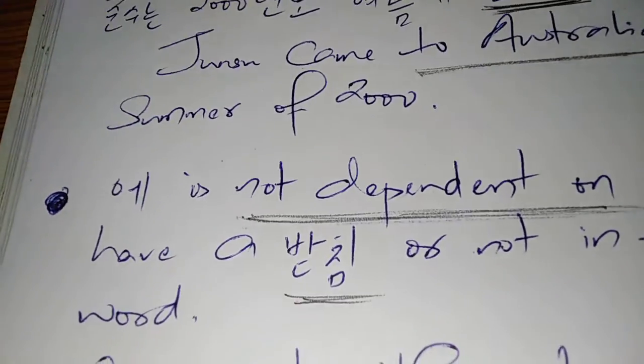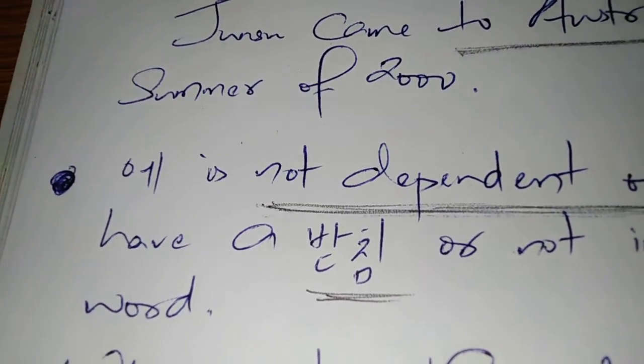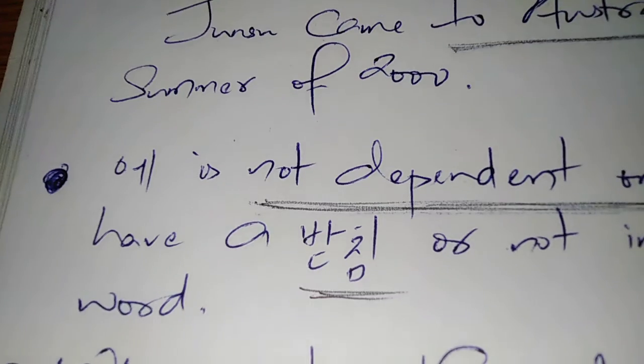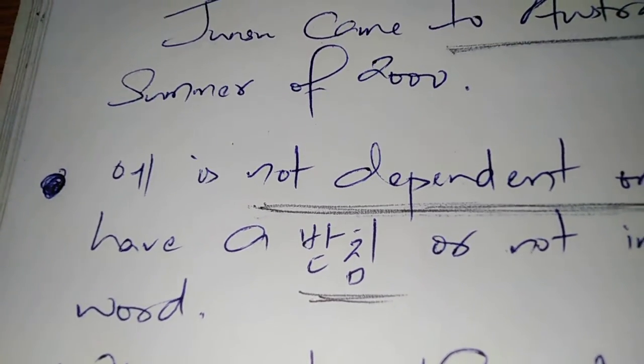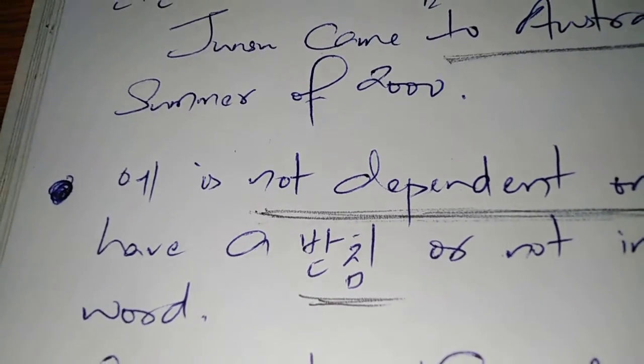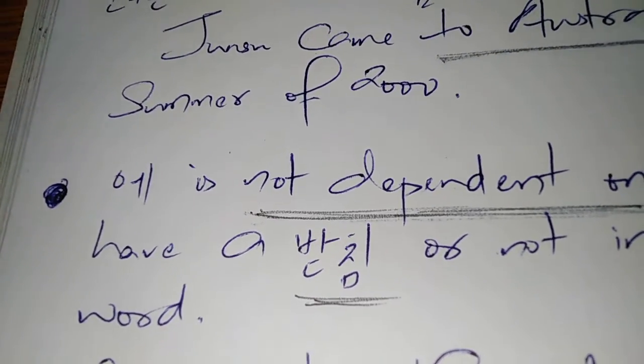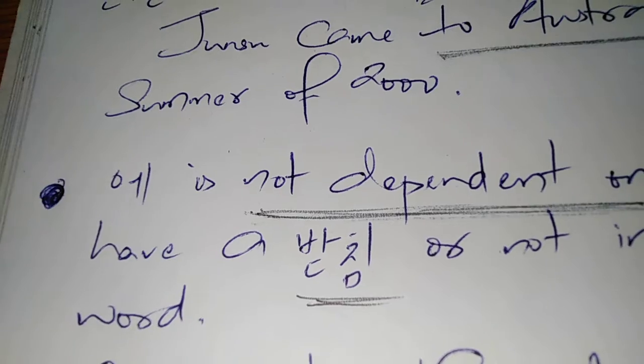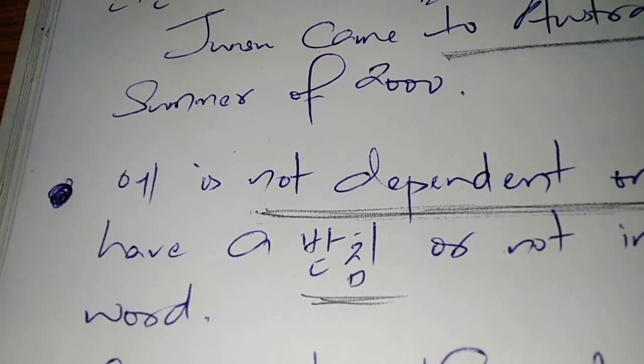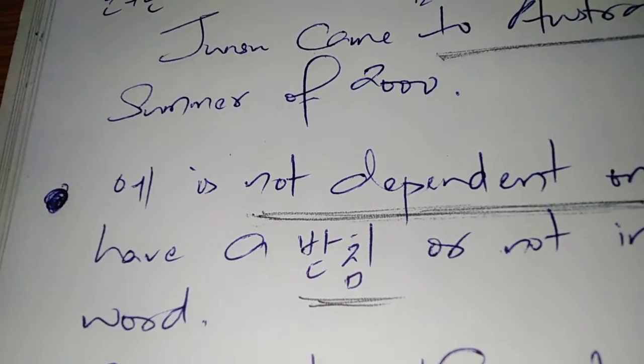So the next point you have to realize is that up until now, for the subject and the object particle, where and how they would be placed and which one would be used was dependent on the batchim, that means the last batchim of the word preceding that.